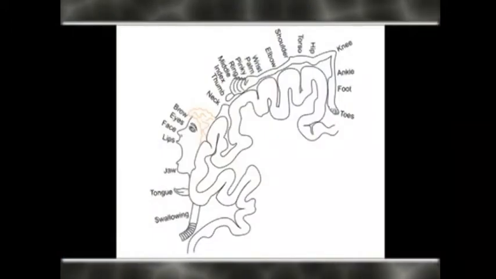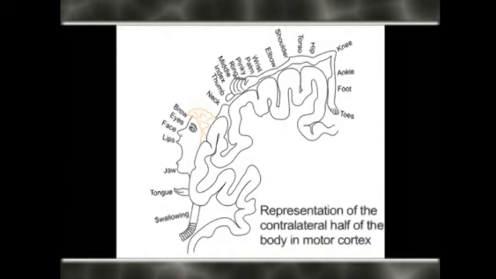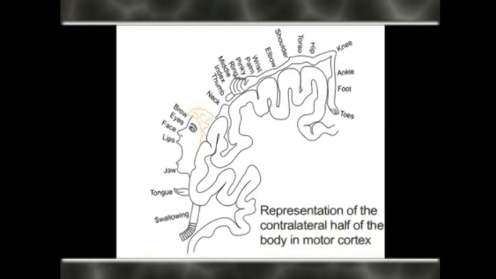Now, when you have injury to the system, you're going to have paralysis of some part of the body. We see our little lady figure here, half of the body represented in motor cortex. Depending on what axons or neurons are damaged, you'll see a loss of function in a particular part of the body.